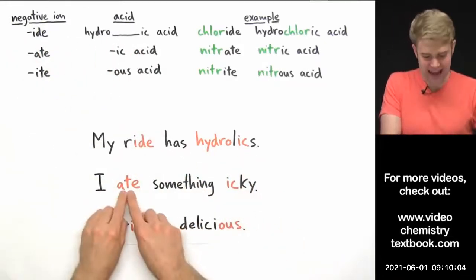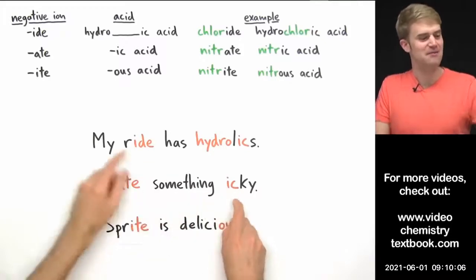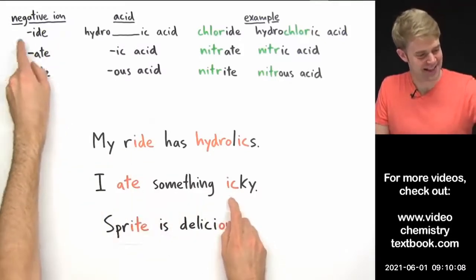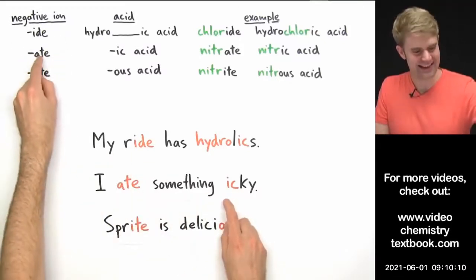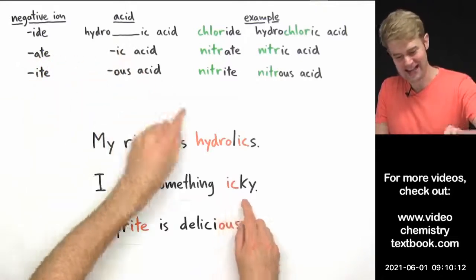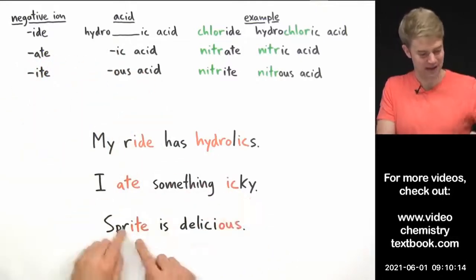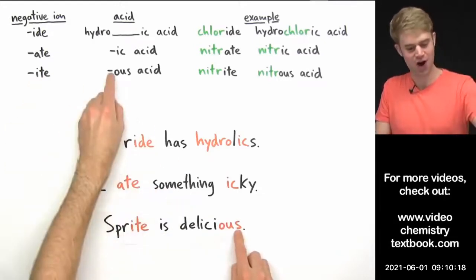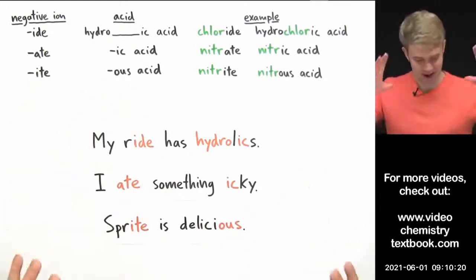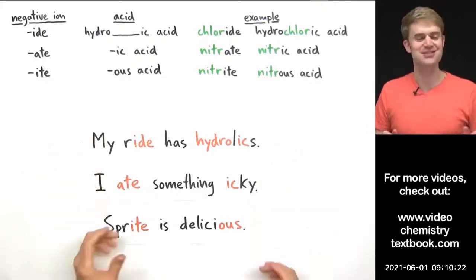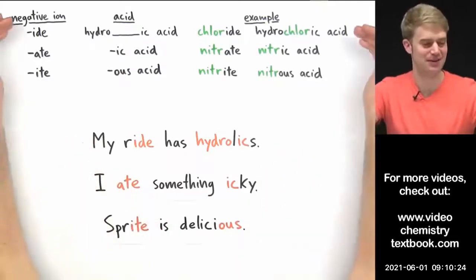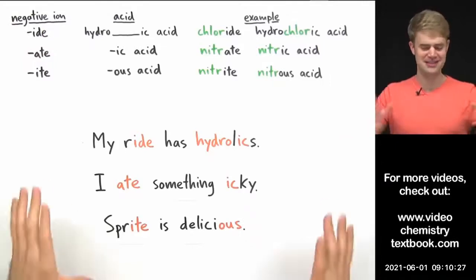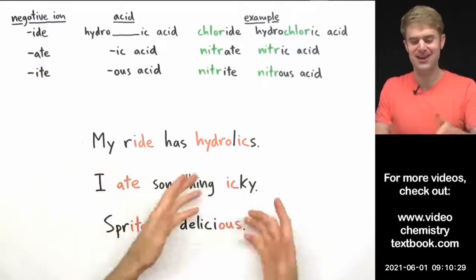And then I ate something icky, because acids that contain ions with -ate at the end are named with -ic, okay? And then finally, Sprite, -ite, is delicious, -ous. So remember these 3 sentences. You'll never ever have a problem with naming acids. I love this. It's great, particularly the one with a ride that has hydraulics.